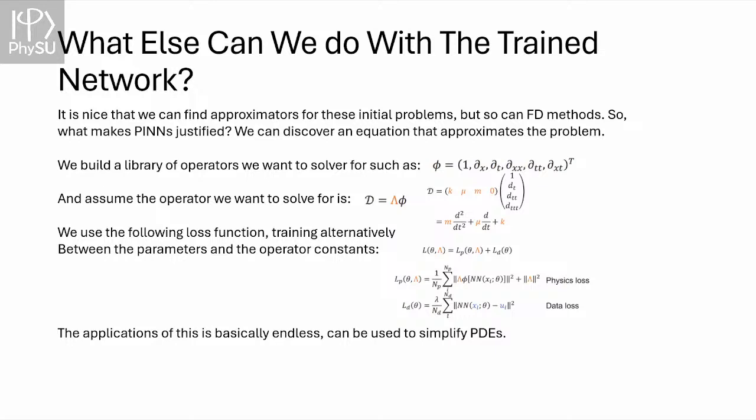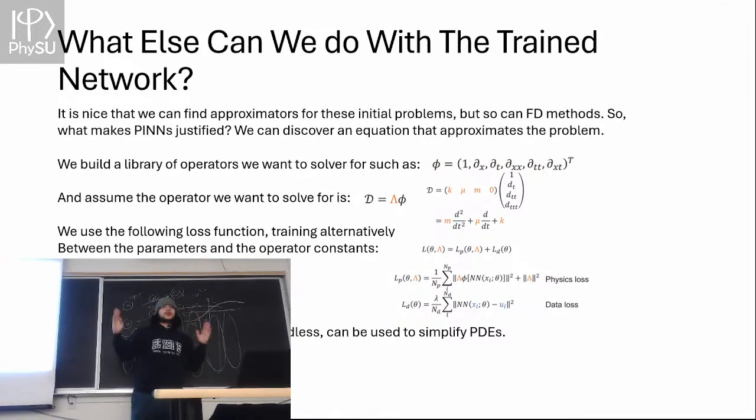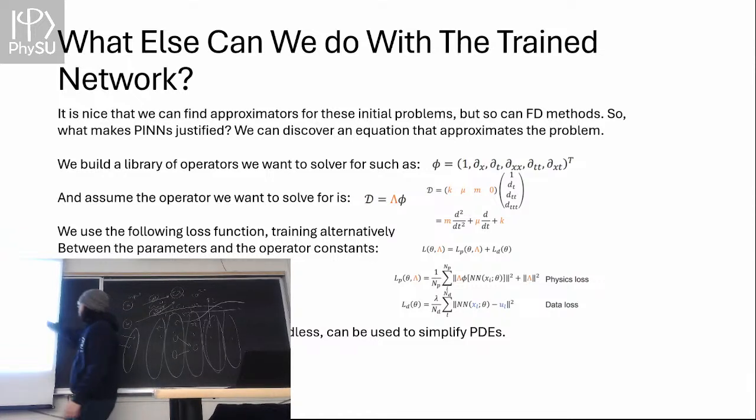So what we can do with this is we can actually reveal some equations, right? Starting from that initial problem that we have set, we train a neural network, and then from that neural network, we're going to retrieve the actual equation with everything determined, right? That's important.